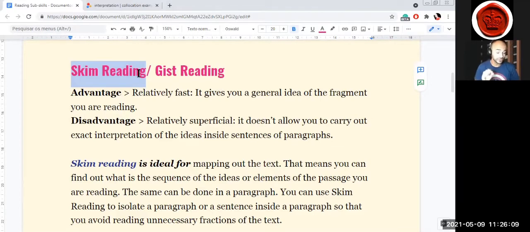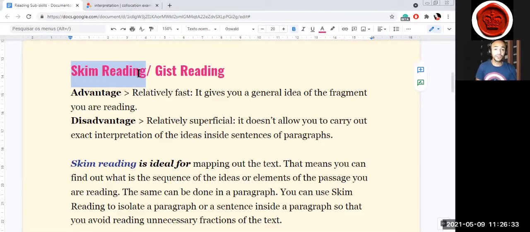And that's really, really important for one simple reason. If the question requires you to carry out interpretation of ideas or opinions inside the text, skim reading probably won't give you enough information or a fair ground to do this.